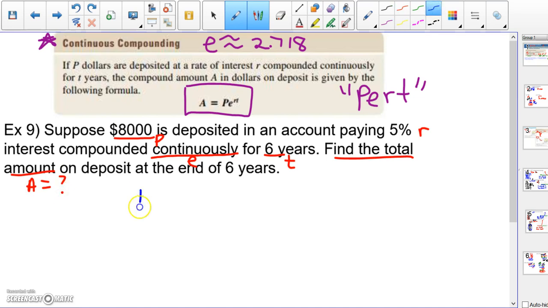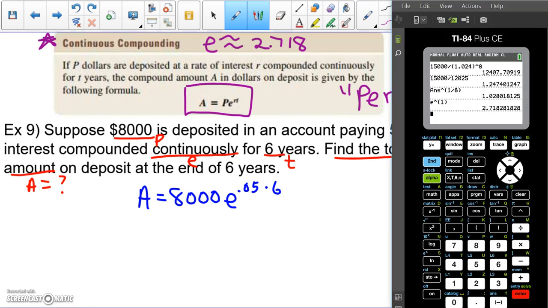So we look at that equation. A equals, the principal amount is 8,000 times e to the r, which is 0.05, times 6 years. And so it's a calculator question.